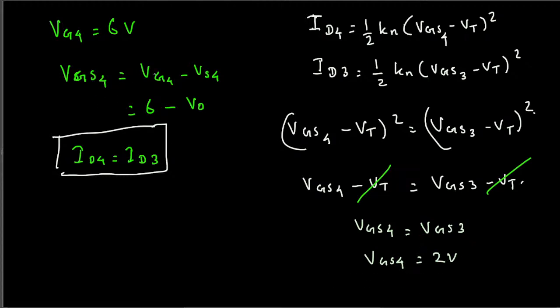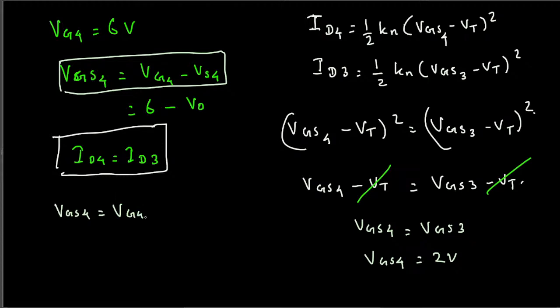So now I have only one unknown variable. So here I can solve for the V out if I bring this equation back. VGS4 is equal to VG4 minus VS4, and we know VGS4 to be 2 voltage, we know VG4 to be 6 voltage, and we are just trying to find the V output.